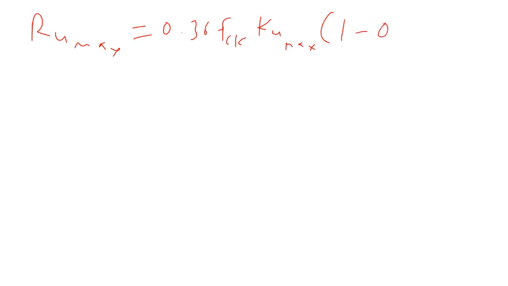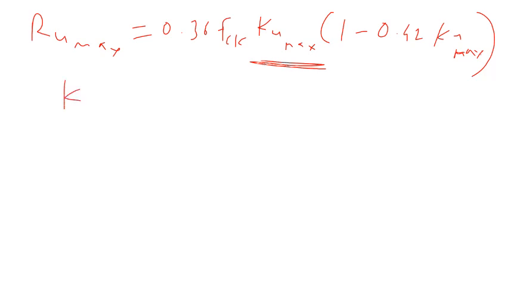Once you know that, the second quantity from the formula is Ru max. The formula for this is 0.36 fck into Ku max into bracket 1 minus 0.42 Ku max, if you remember the formula. We don't know this Ku max, so we need to find out the Ku max.